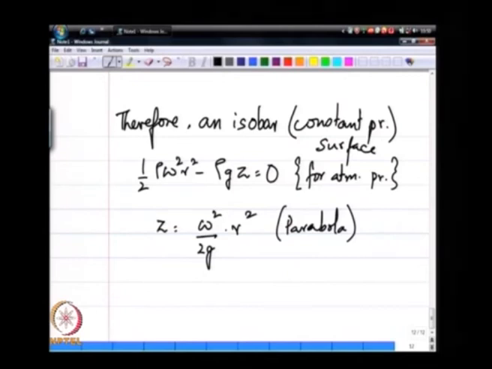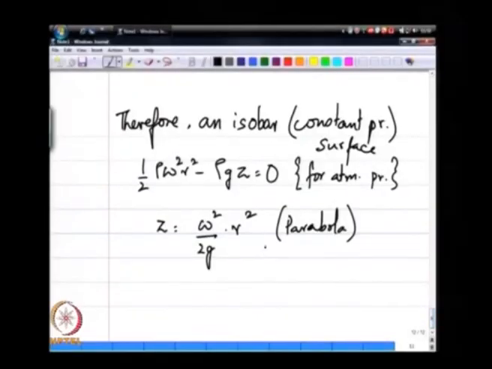So, if you take a set of parametric curves, so if I take shapes of z as a function of r for different values of this number omega squared over 2g, that is like a length scale.